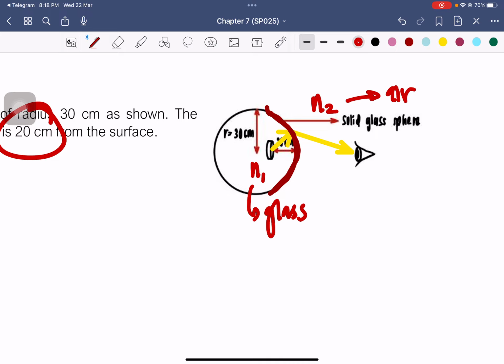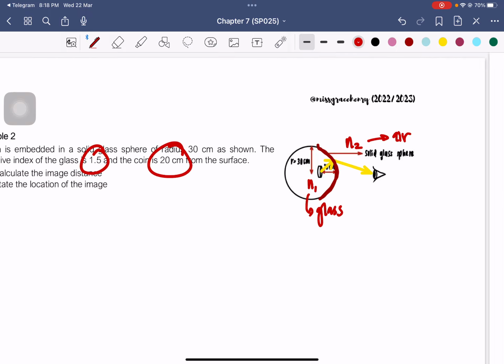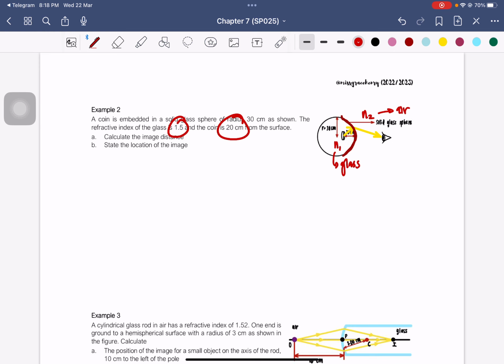The second medium is air. Now let's write down the formula for the spherical surface: n1 over u plus n2 over v equals n2 minus n1 divided by the radius of curvature. I'm going to list down everything.